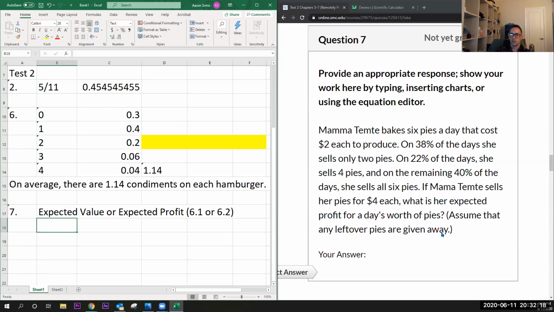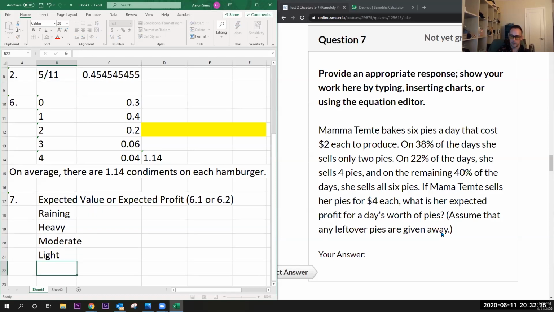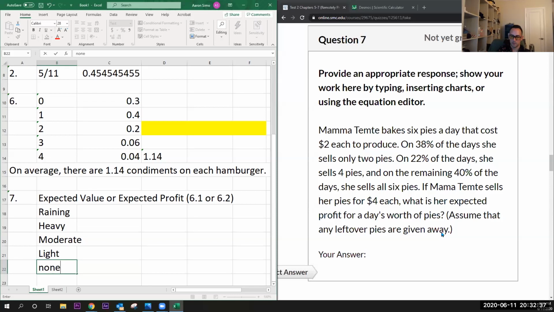Let's say it's raining. Let's just say pores. How do you spell pores? Let's say heavy, moderate, light. Let's just say none.